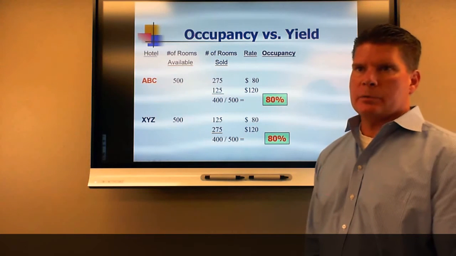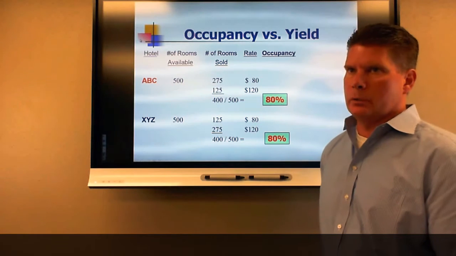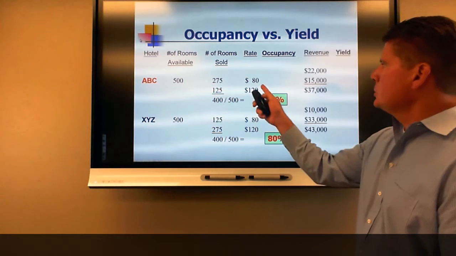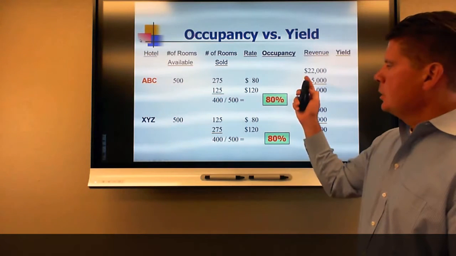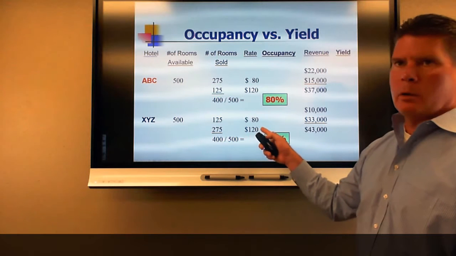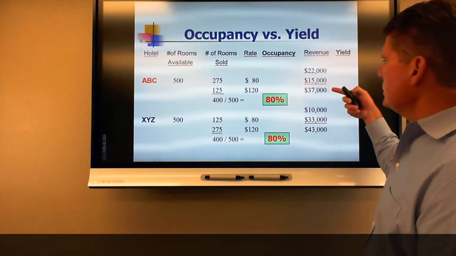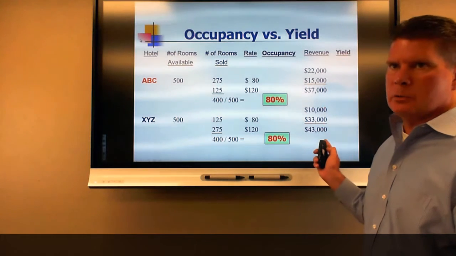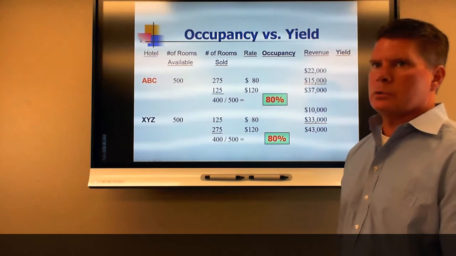Our occupancy is 80%. Both hotels sold 400 rooms. However, ABC sold 275 rooms at $80, whereas XYZ sold 275 rooms at their full rack $120. So ABC has $37,000 in total revenue, whereas XYZ has $43,000 in total revenue.